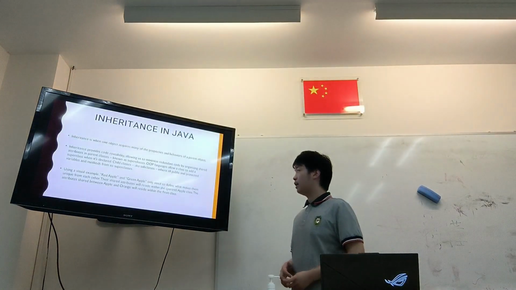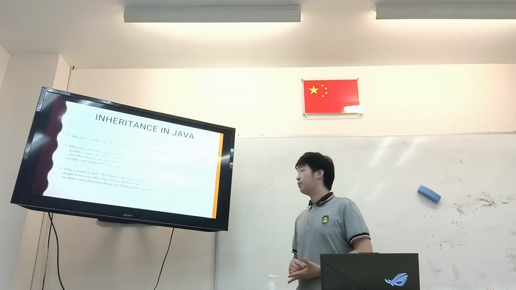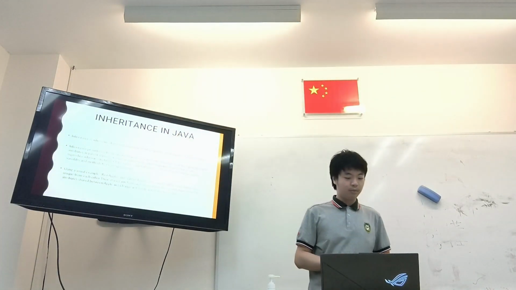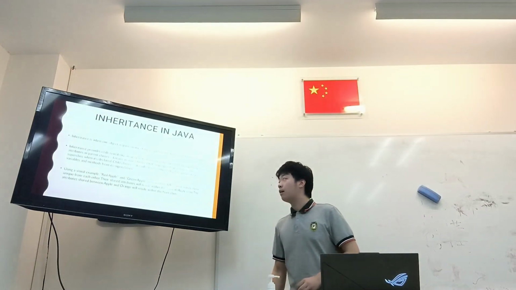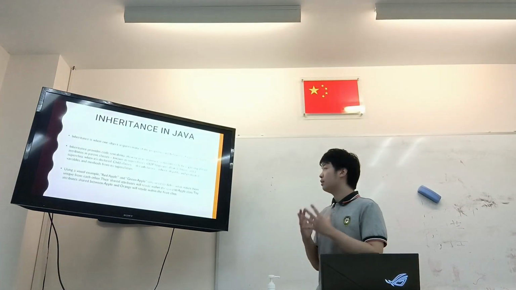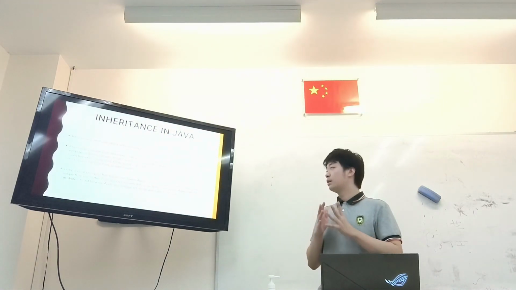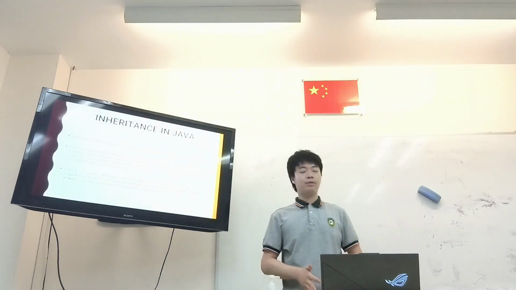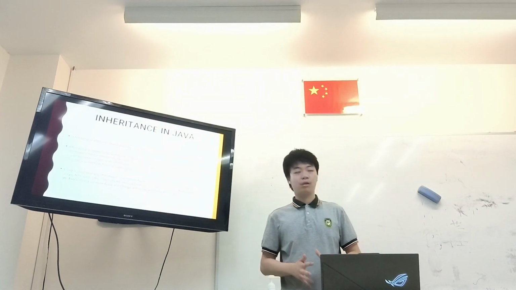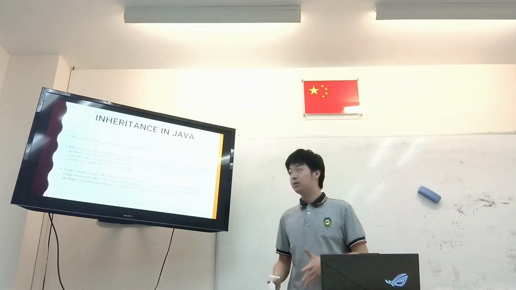Child classes, aka subclasses, inherit all public and protected variables and methods from its superclasses, which means that if you have a child class, you can use all the methods and variables declared in this parent class, and you don't have to declare them once more unless you want to override them to add some new functions to them.